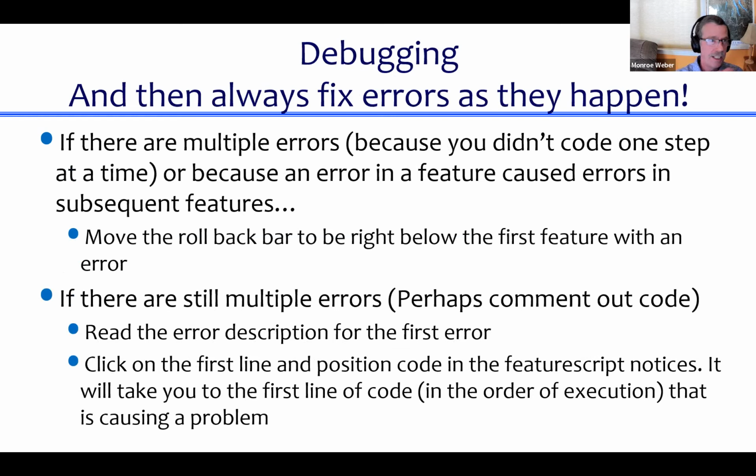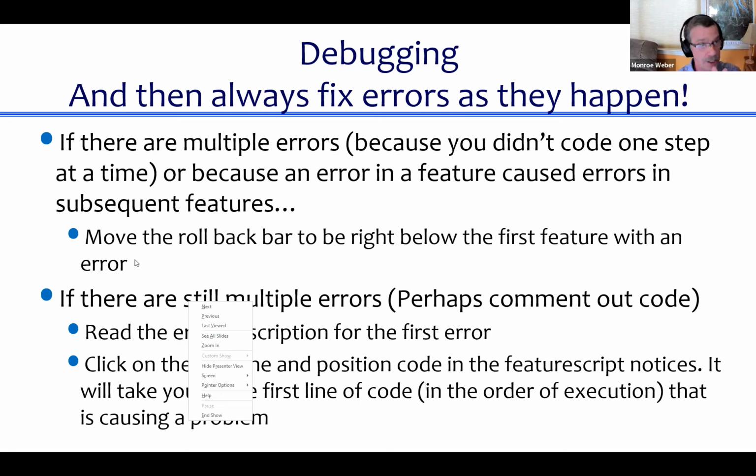Here are some ideas if you've gone down this path and maybe you weren't paying attention, so there were multiple errors, or you did something and all of a sudden multiple errors show up and you're like, what in the world just happened? There are ways that this happens. So what do you do? One thing you can do is move the rollback bar to be right below the first feature with an error.